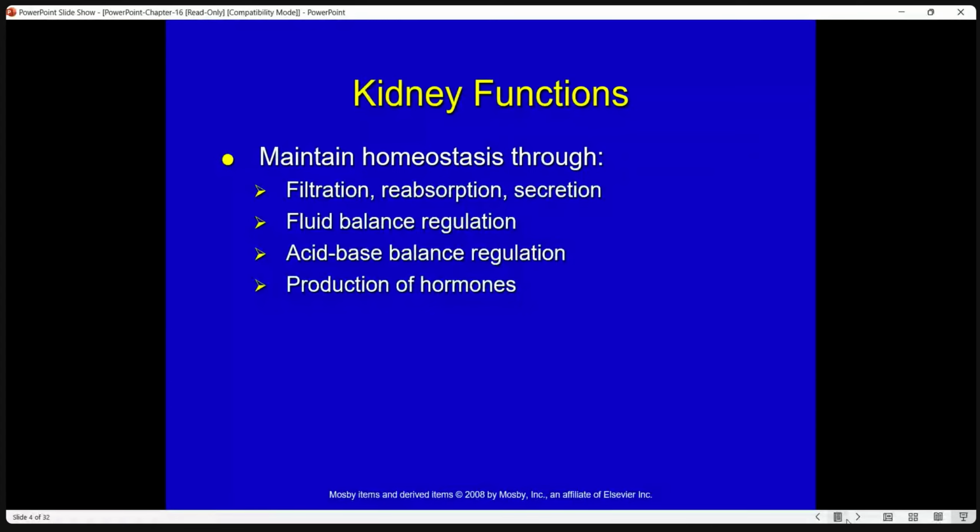In simple terms, I'm trying to say that the kidney is responsible to maintain a normal, optimal body condition.